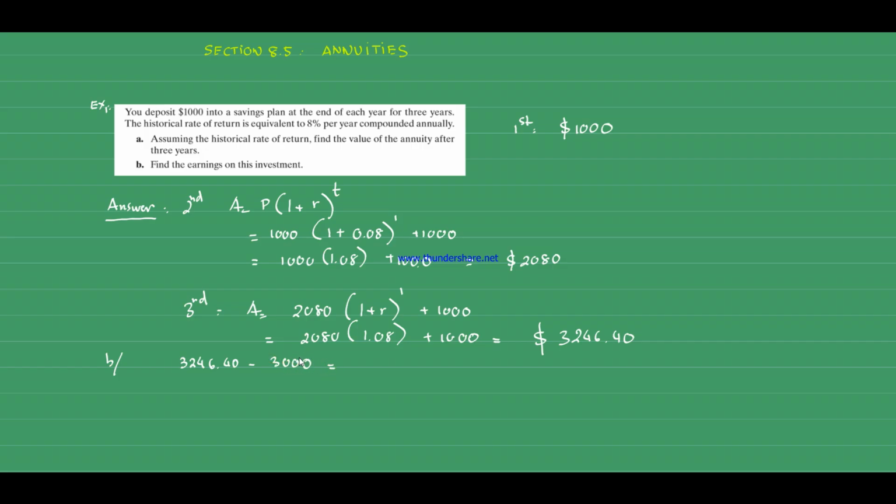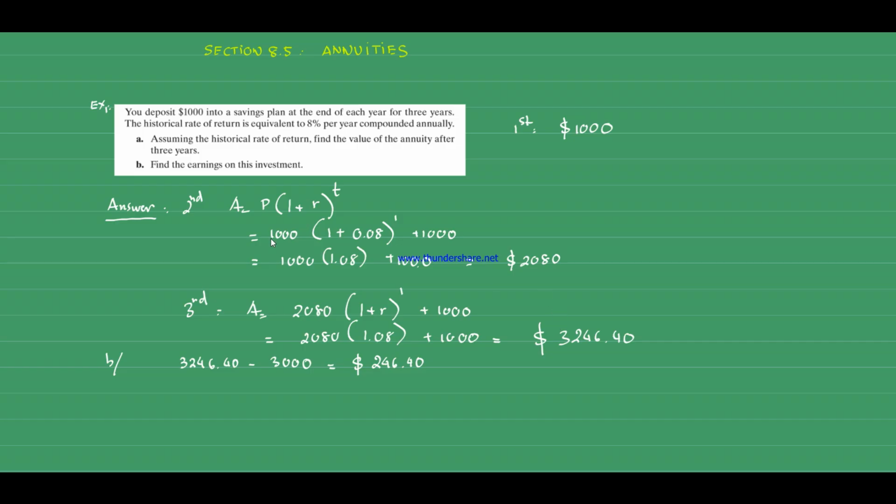Put into the calculator, that gives you $246.40. Again, the reason you have 3,000 is that each year we have to pay out of pocket 1,000 and put it into that investment.